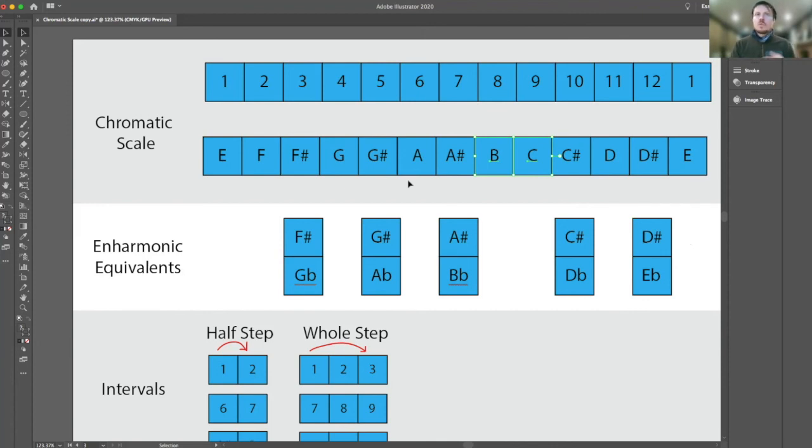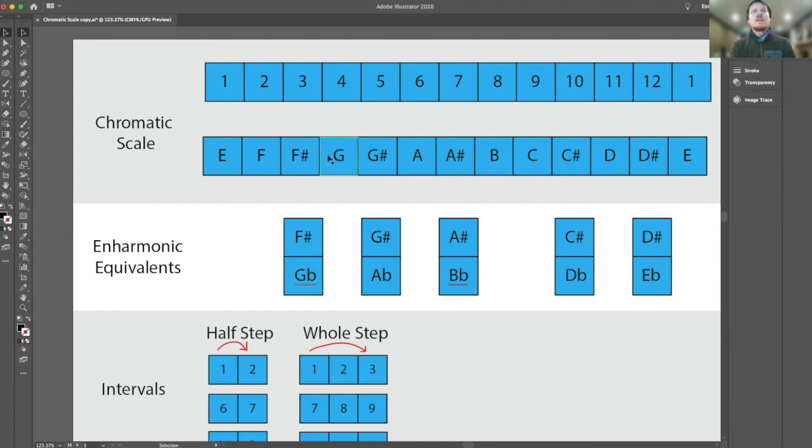You choose which name to say, F sharp or G flat, or G sharp or A flat, based on which scale you are playing in. The concept of scales is for a later conversation. Just know that enharmonic equivalent means that these notes have two names.